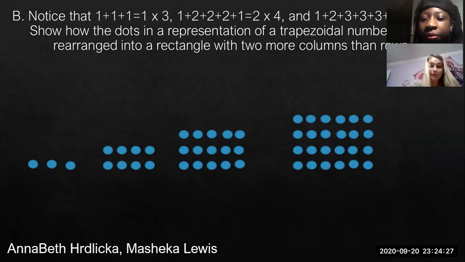So you have to remember while doing this that there will always be more columns than rows. You just have to pay attention up there and always remember the fact that there will always be more columns than rows. That's how you know the directions of the dots. So that is the answer.